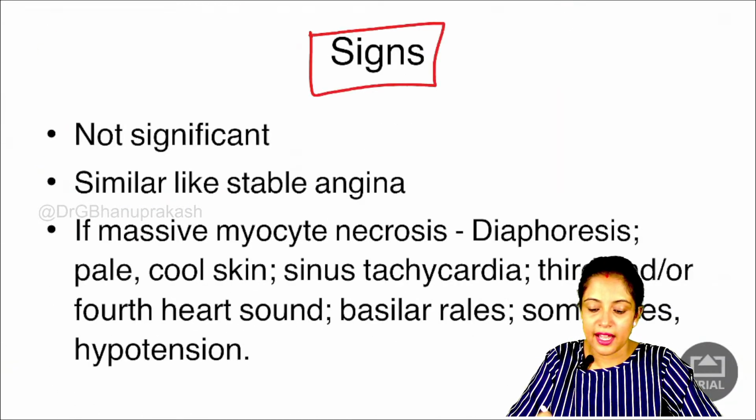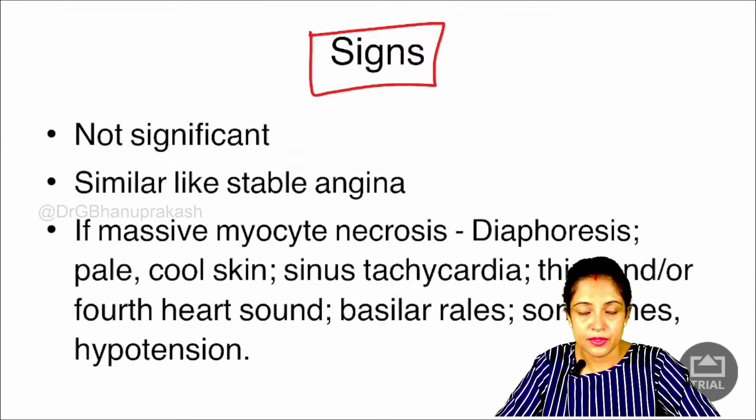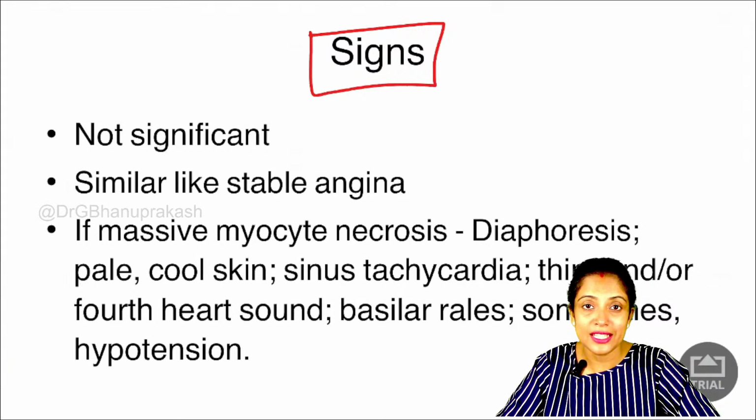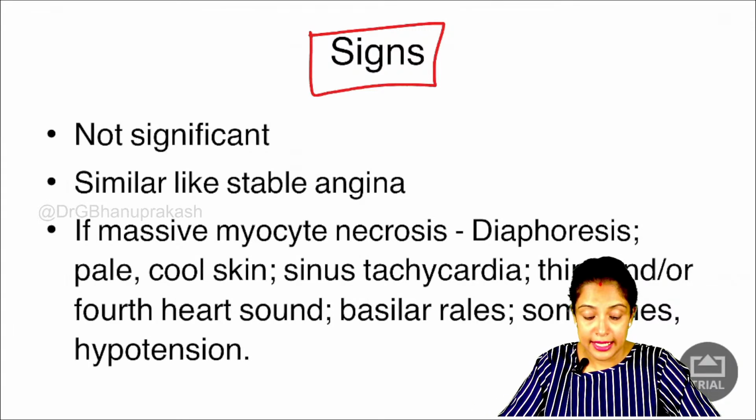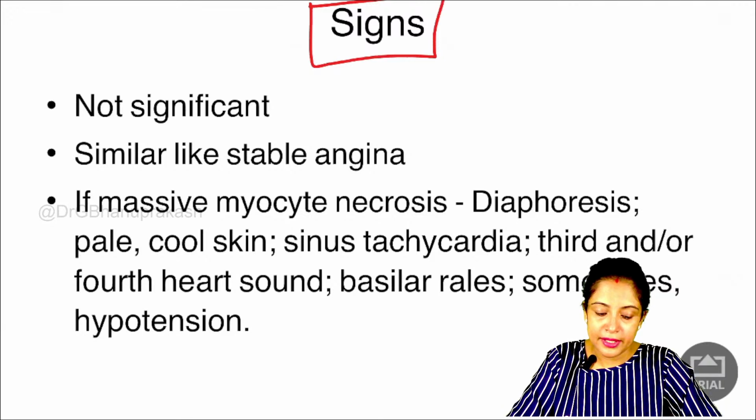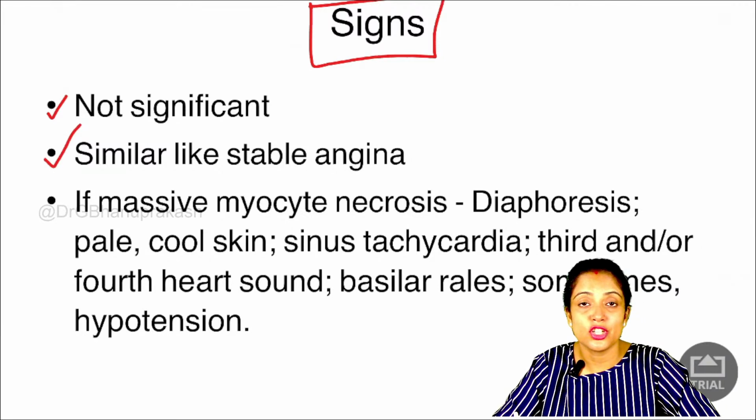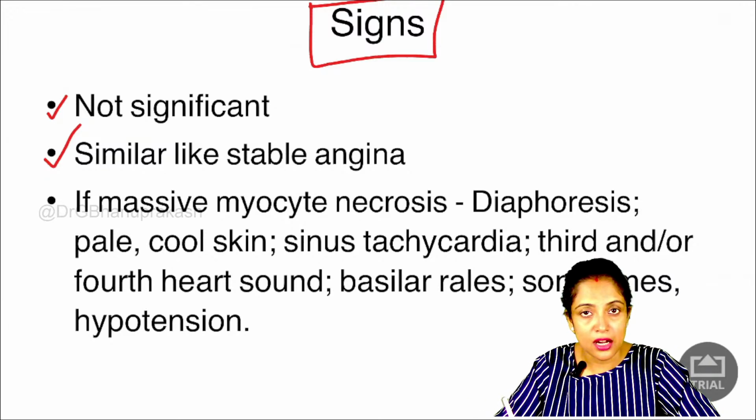Coming to the signs. Now I have talked about symptoms. Coming to the signs, what we will get on examination, most of the examination findings are insignificant. It means we do not get much from examination. Sometimes the features may be just like stable angina. On examination, there may be a transient third or fourth heart sound.